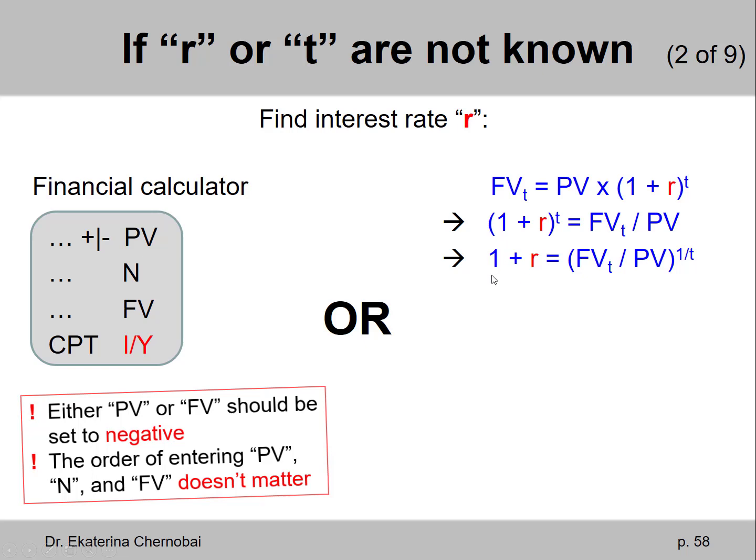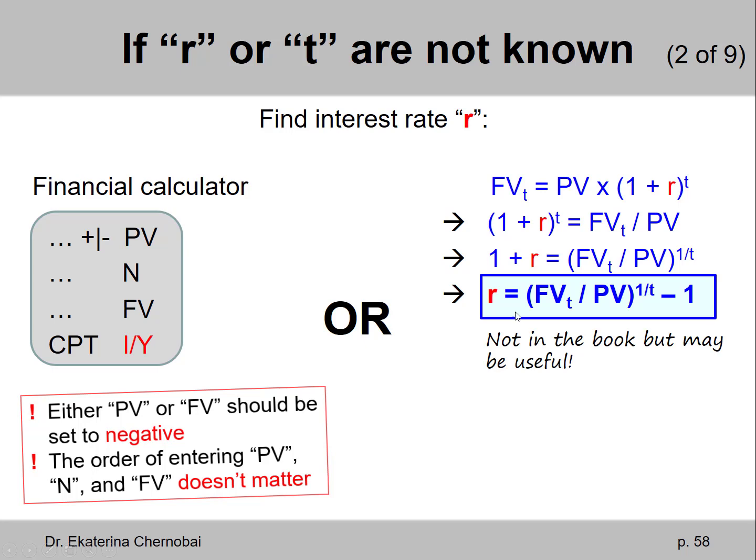And then we just need to get rid of the 1. So r equals the fraction future value over present value raised to the power 1 over t, and then we subtract 1 from the result. This formula is actually not in the book. I don't know why, but this is how you would do it by hand.